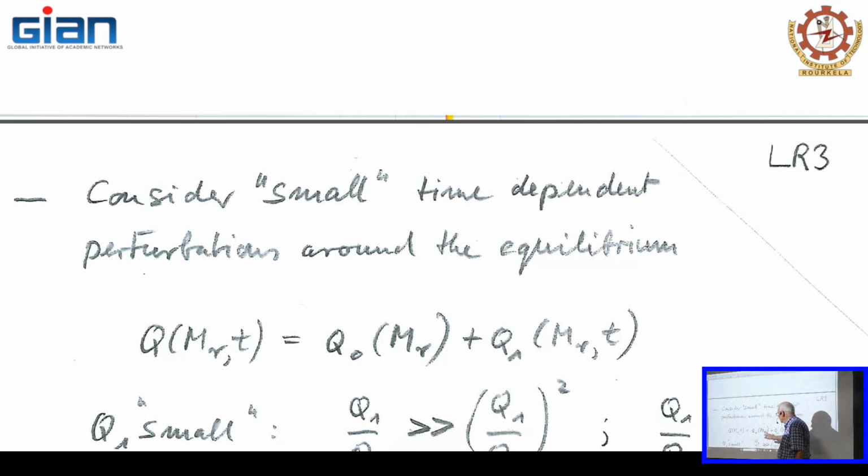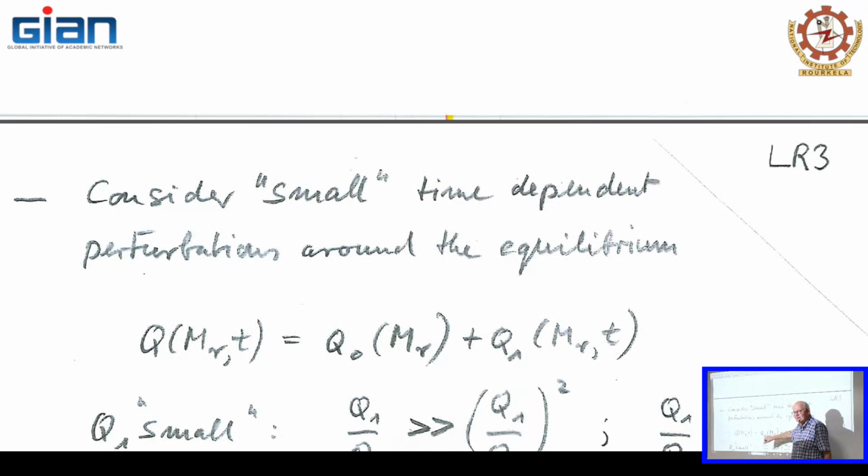And we split it into two parts: one part which we assume has already been determined by stellar evolution or by envelope integration, which is time independent. So this is a quantity Q0. This zero means it refers to the hydrostatic stellar model previously determined by stellar evolution or envelope integration.